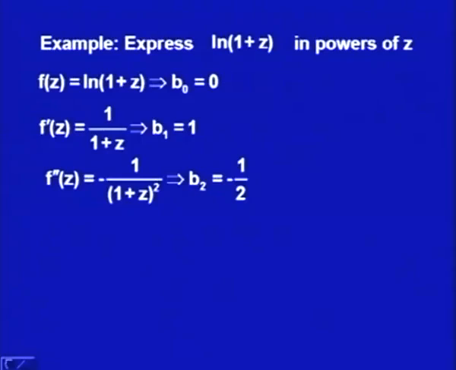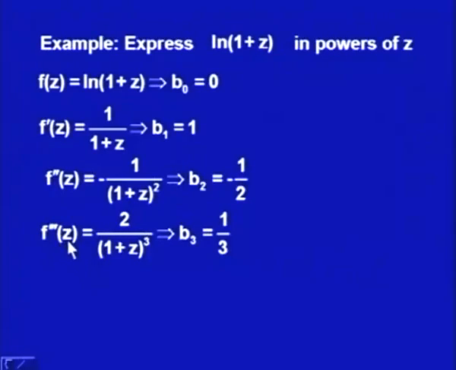Further, we compute the second derivative by differentiating f dash z, and this gives me minus 1 over (1 plus z) square, and at z is equal to 0, this gives me f double dash is equal to minus 1, giving me b2 is equal to minus half.